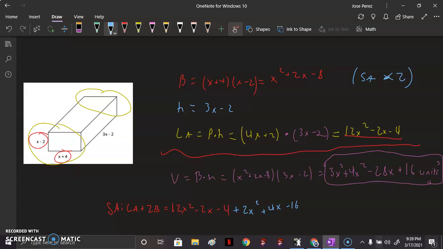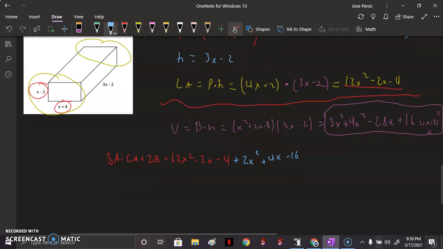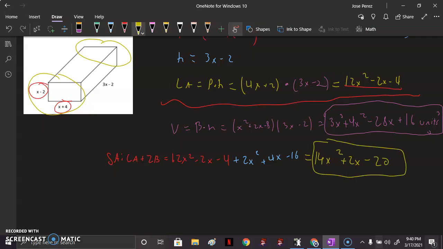And when we add all this up, you'll see this in real time, my struggles, we would get 14x squared plus 2x minus 20. And that would be our SA. The highest degree is squared, and it doesn't tell us our units, so we're going to say units squared.